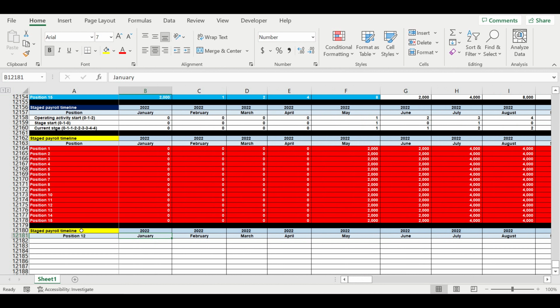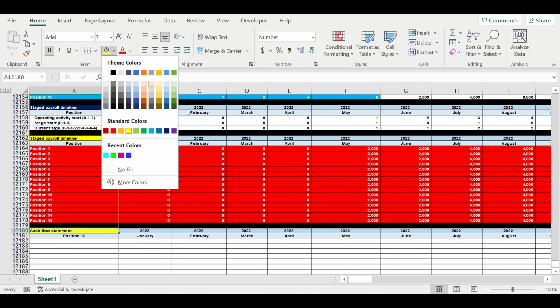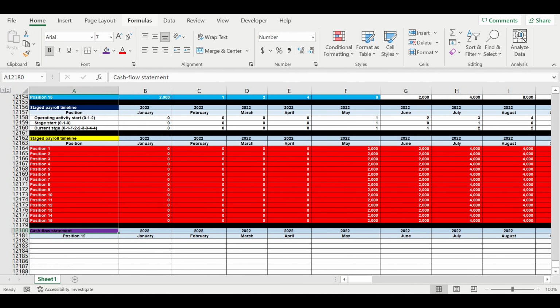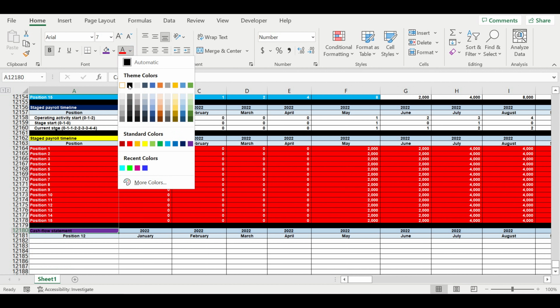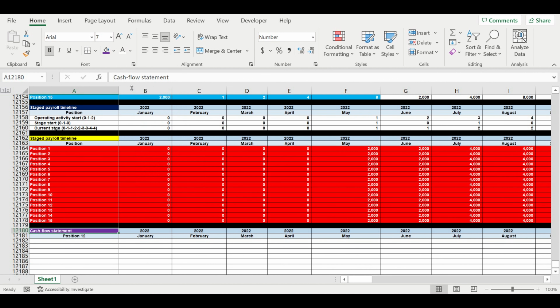We don't manually put the inputs inside this statement. So we're starting with the revenues.